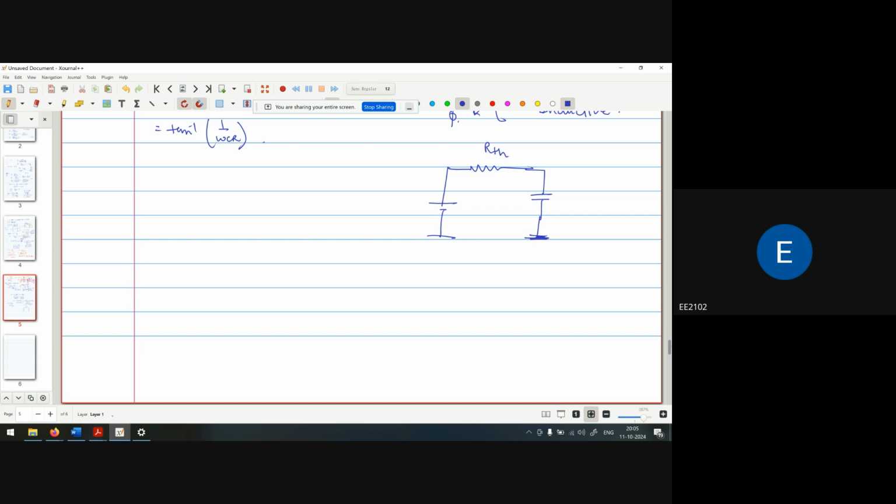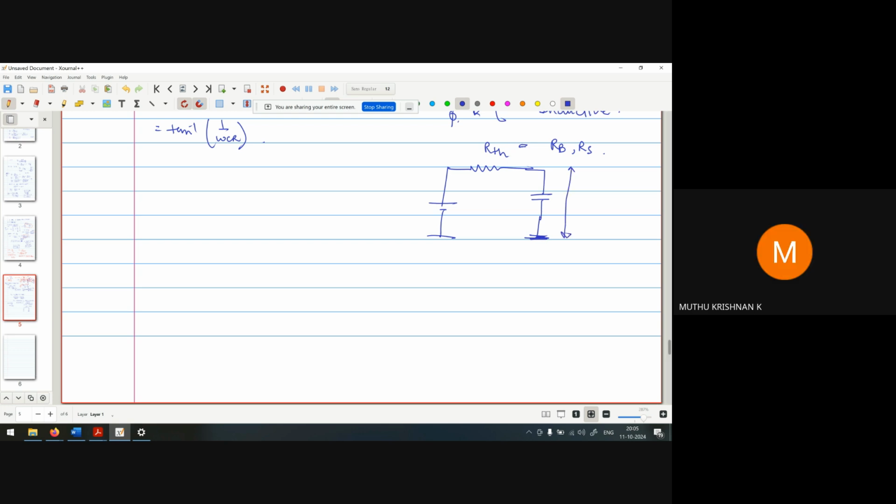The value of RTH depends on Rs plus RL, the circuit resistance available in the circuit. With the help of every resistance, I can calculate the RTH. One capacitor is there and one VTH is there. Now what is the voltage across this capacitor?